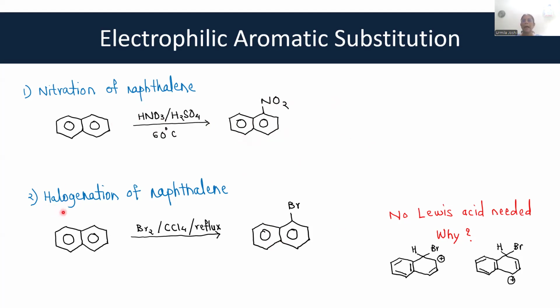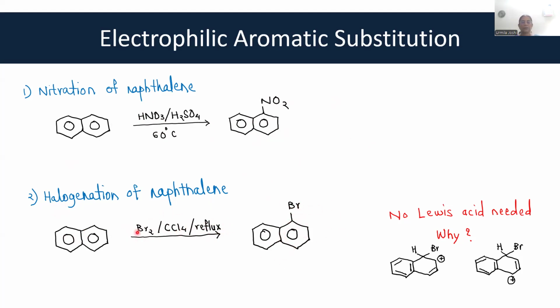Let us see halogenation of naphthalene. When naphthalene is halogenated, I have written here the reaction bromine, CCl4 and reflux. Since the boiling point of CCl4 is much lesser, the refluxing temperature will also be lesser. Okay, so naphthalene reacts with bromine in presence of CCl4 to give 1-bromonaphthalene.